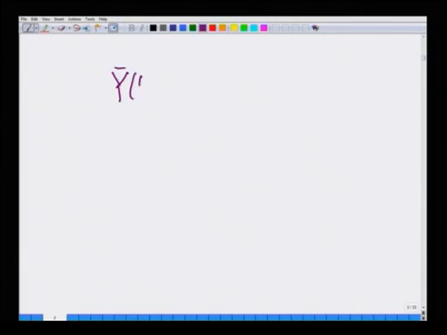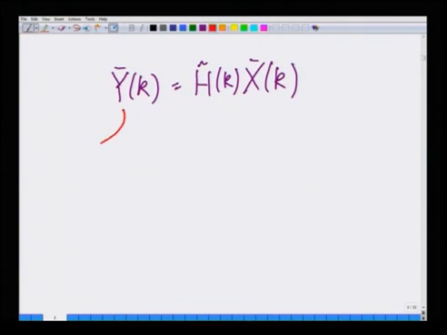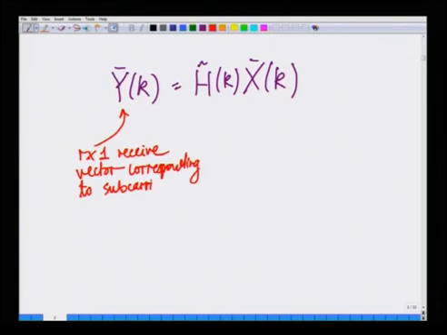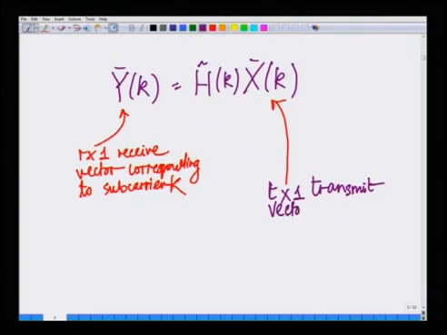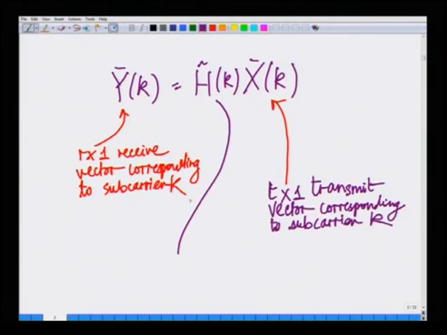If you look at a typical such equation, y bar k equals h tilde k into x bar k, this y bar k is the r cross 1 receive vector corresponding to subcarrier k, this x bar k is the t cross 1 transmit vector corresponding to subcarrier k, and this h tilde k is the flat fading channel matrix corresponding to subcarrier k.